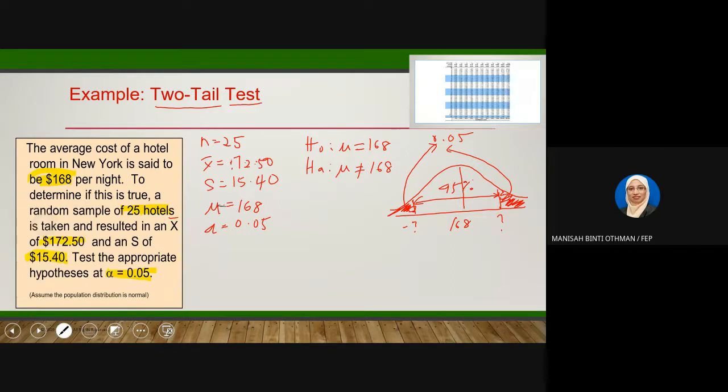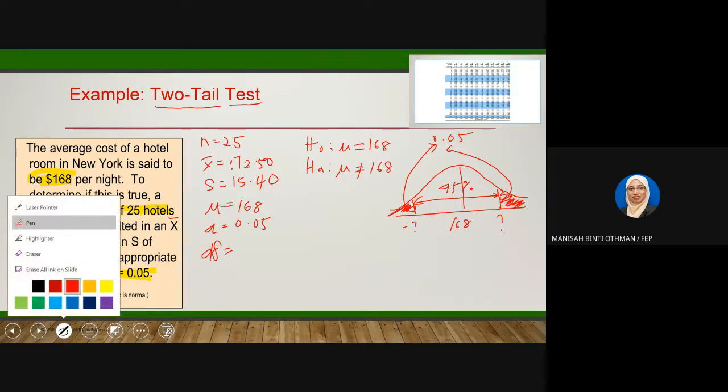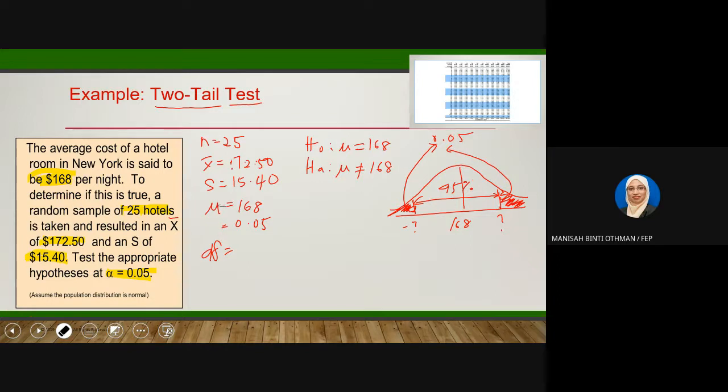Because this is a T, we have to determine the degree of freedom. Degree of freedom is n minus 1. So n is 25, minus 1 is 24.